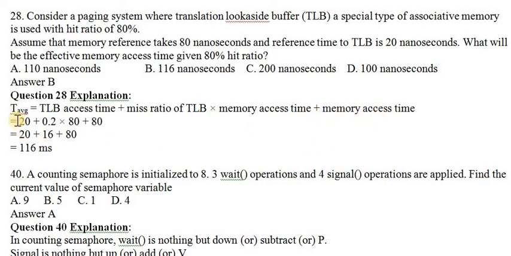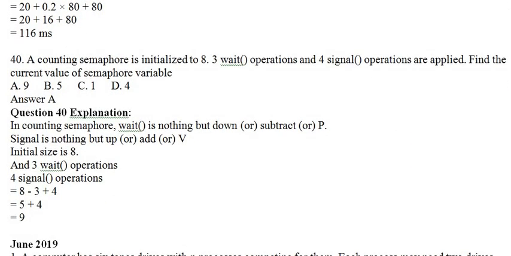Miss ratio into TLB access time is 20 into hit ratio 80, then plus 80, that is memory reference takes 80, so it is 20 plus 16 plus 80, 116. Okay, this way you want to calculate it.